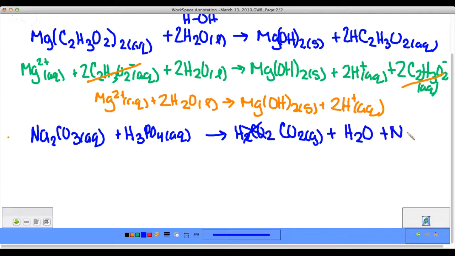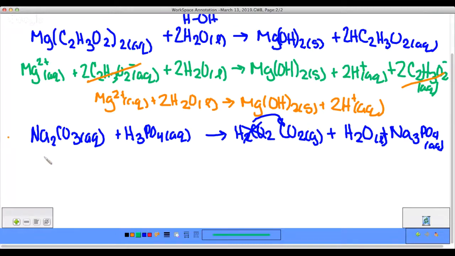And then we're going to have sodium phosphate, and this is going to be aqueous. So that's a gas, that's a liquid. This is what I'm talking about with one of your rules. So we do have those 4 exceptions that you have on your notes where you are given something like this and it will break down and form something else. So we have a gas and things like that.